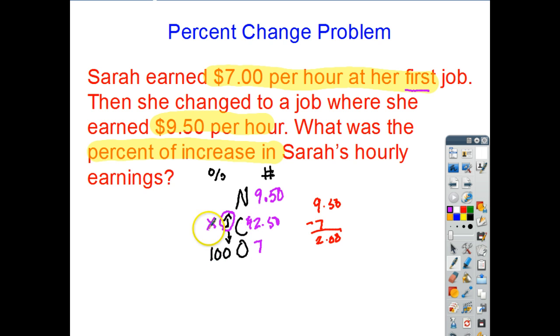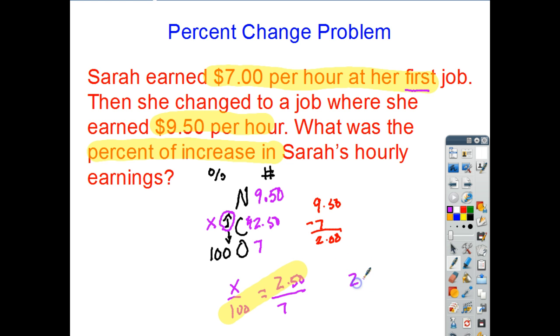So you're going to get x over 100 equals 2.50 over 7, because 2.50 was the price change. And then all you do is cross multiply and divide. You're going to take x times 7 equals 2.50 times 100, which gives you 250.